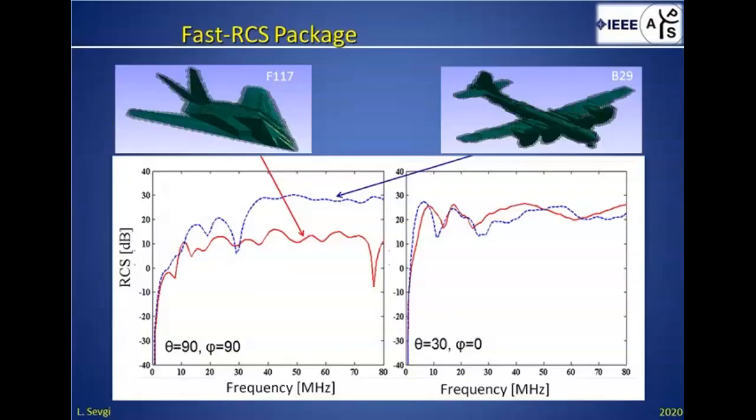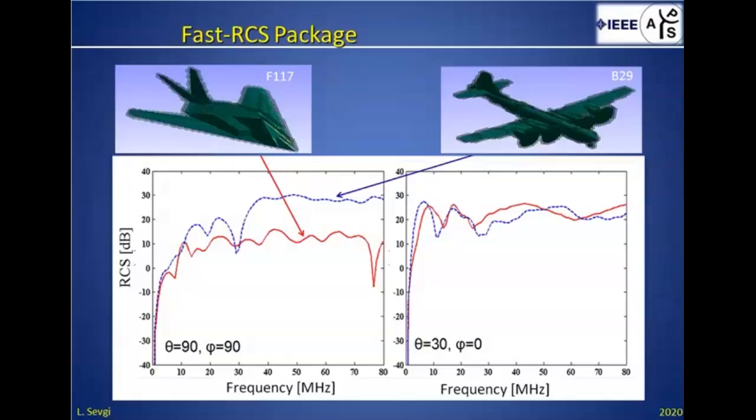Here you see two different aircrafts, F-117 on the left, which belongs to the red curve, and the blue curve is B-29 bomber. So the left one is a low visible target, but the right one is a high visible target.